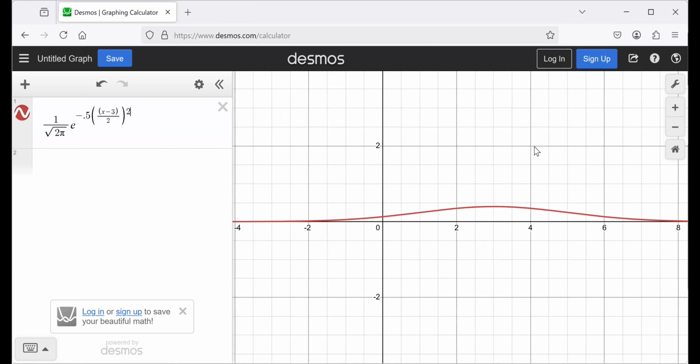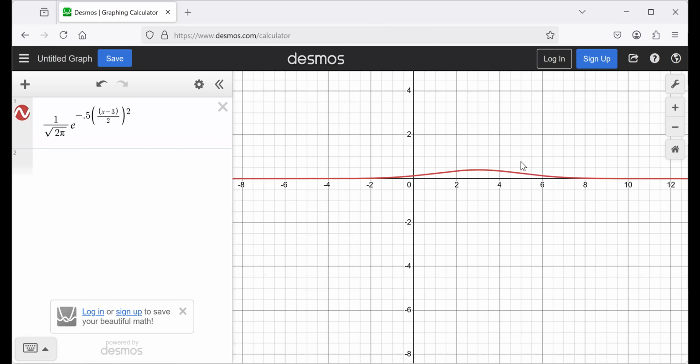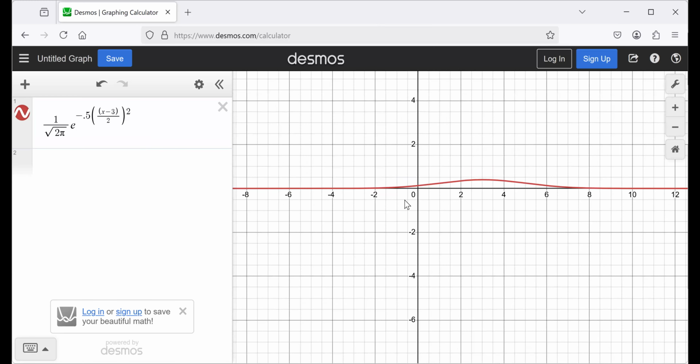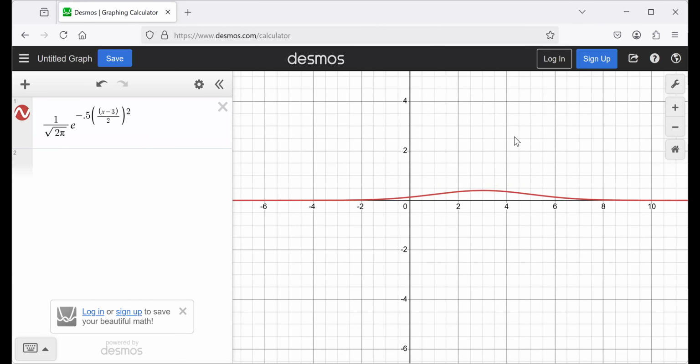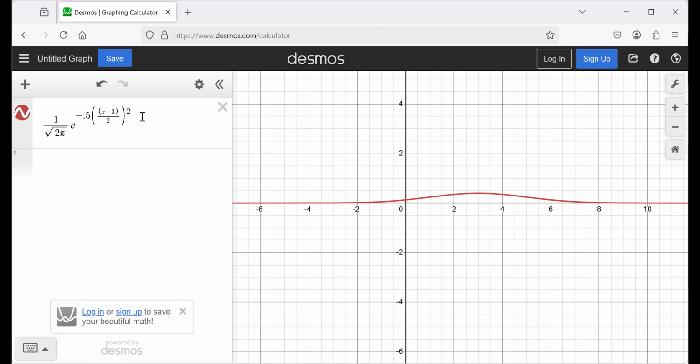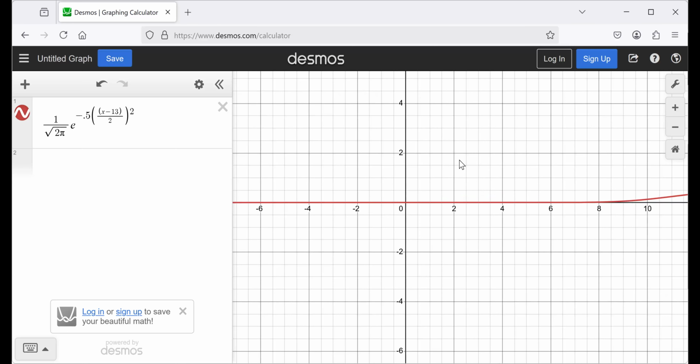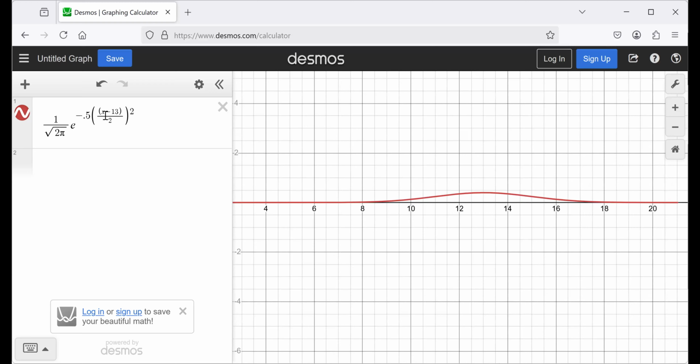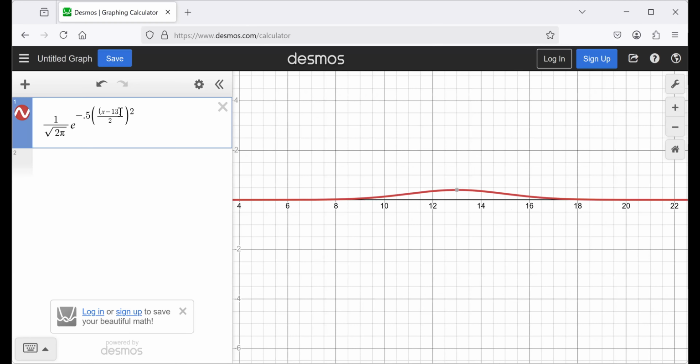This is what it looks like, called the bell curve, on the theory that it looks like a bell. We could change these numbers, and this number up here controls where the bump occurs.